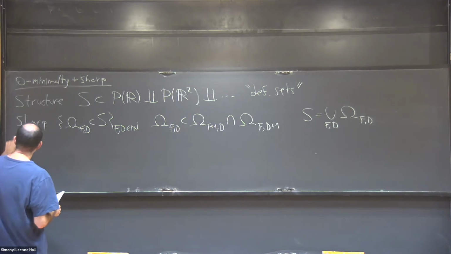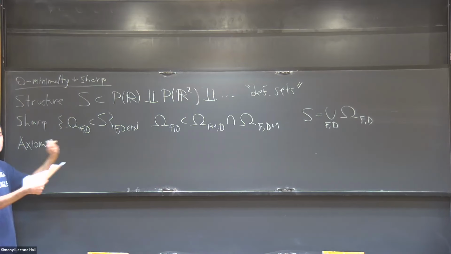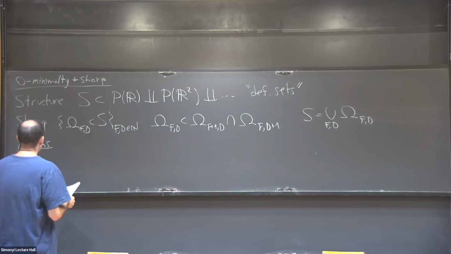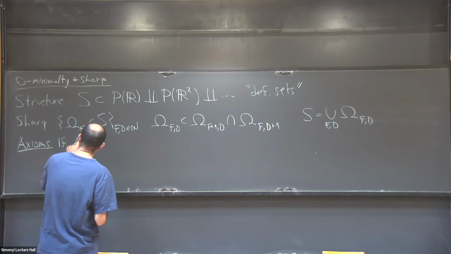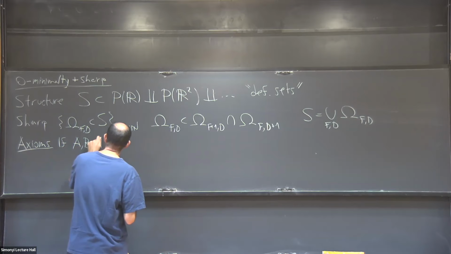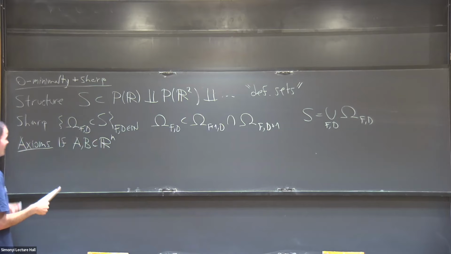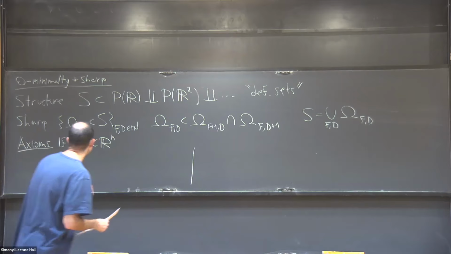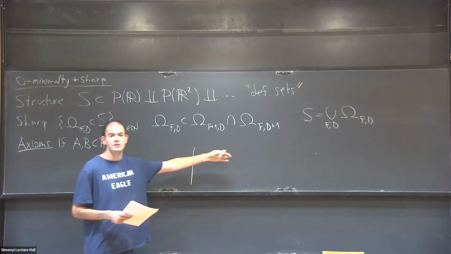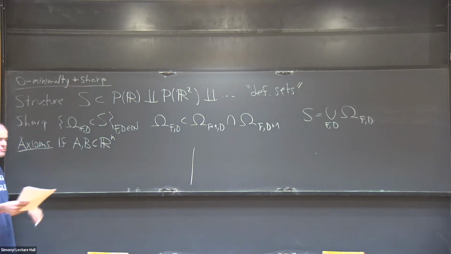Now I'm going to put some axioms. What are the axioms that make S into a structure, or into a sharp structure? Let me start with a pair of subsets of R^n. I'll write on this side what happens in a structure, and on this side what happens in a sharp structure. A structure should be closed under all the Boolean operations.